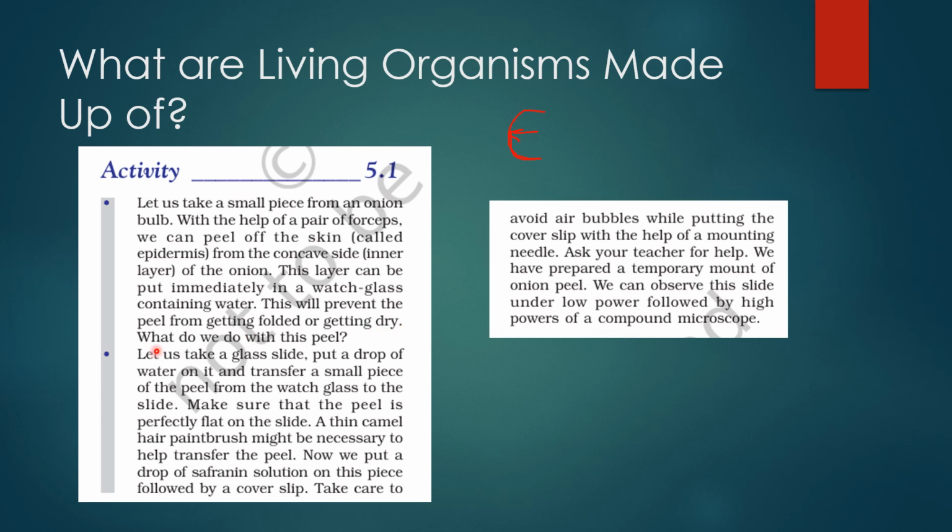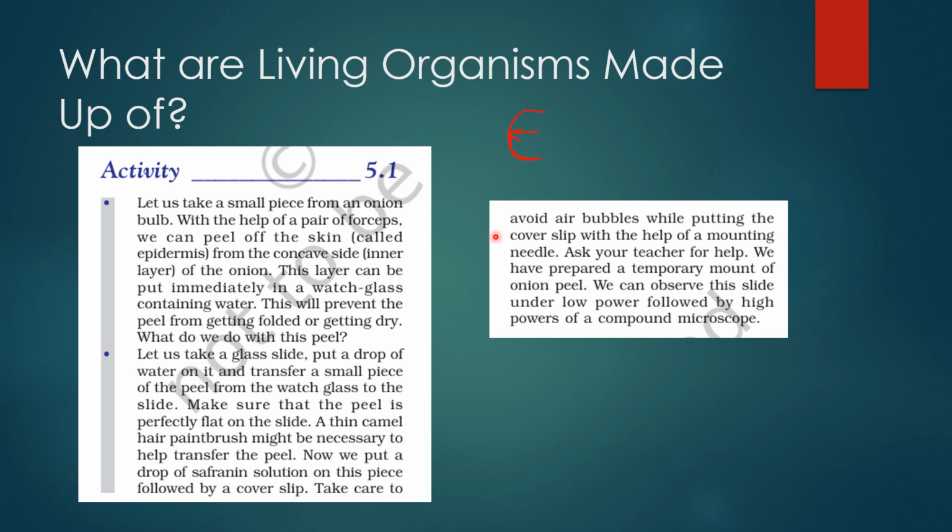Okay. So what do we do with this peel? We will take a glass slide, put a drop of water on it and transfer a small piece of the peel from the watch glass to the slide. You have to make sure that the peel is perfectly flat on the slide. A thin camel hair paintbrush might be necessary to help transfer the peel because it is very thin. Now we put a drop of safranin solution on this piece followed by a cover slip.